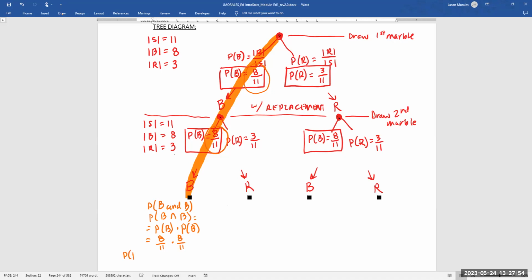So the probability of getting 2 blues is 64 out of 121.